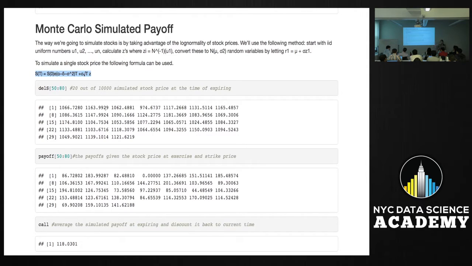Then you compare that number with what the market is showing right now. That could be your strategy of buying or selling at that point. That's it. Thanks.